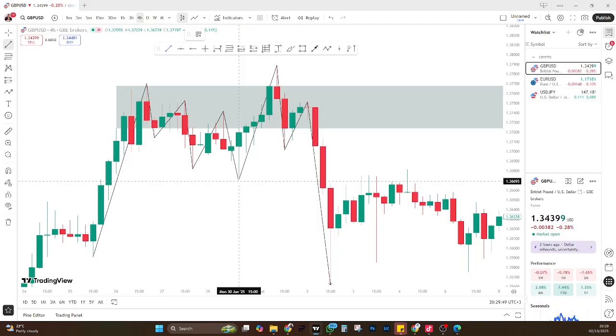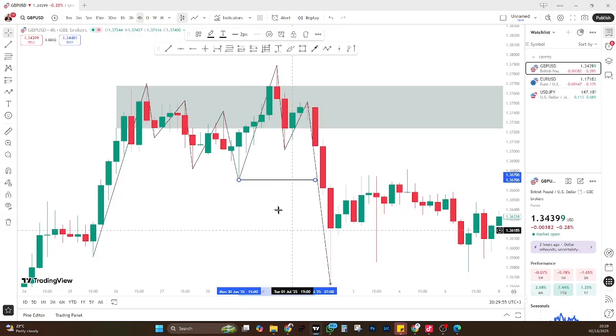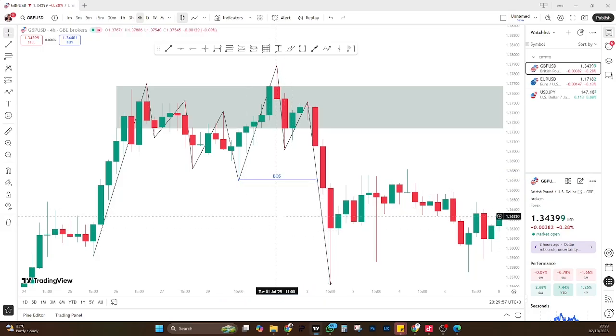This is what we call break of market structure. Don't worry, I'll send you this PDF so that you'll be able to understand. This is what we call BOS, break of market structure. So an order block must break the market structure. If the market structure has not been broken, you cannot call that an order block.